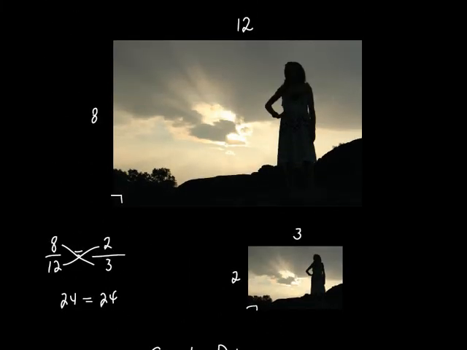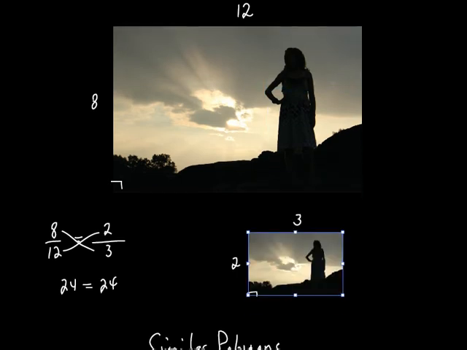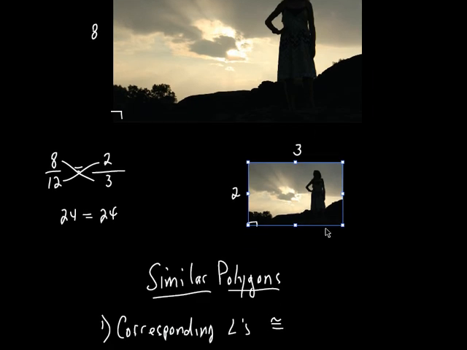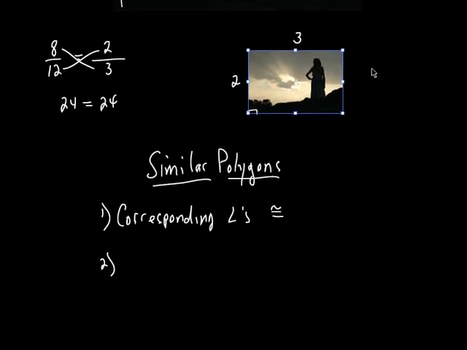And look, if I took this picture right here, picked it up, and put it up here, all those angles match up, don't they? They're all right angles. Everybody see that? All right, so that must be true. But just because all the angles are equal to each other, does that mean it's congruent? No. Or does it even mean it's similar? No. What has to be true about the sides?